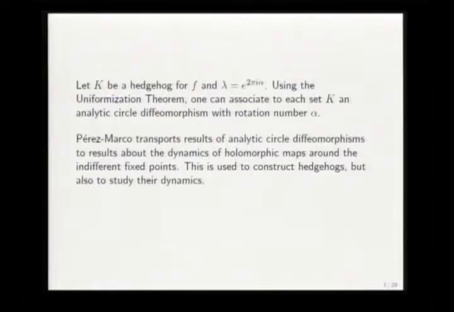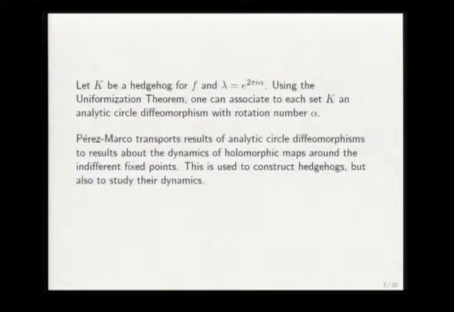All right. The tool Pérez-Marco used to study the dynamics of univalent germs is the uniformization theorem. He uniformizes the complement of the compact invariant set K, the complement of the hedgehog, to the complement of the unit disk, and induces an analytic circle diffeomorphism with the same rotation number on the circle. Then he transports results about analytic circle diffeomorphisms to results about the dynamics of holomorphic germs in some appropriate set.